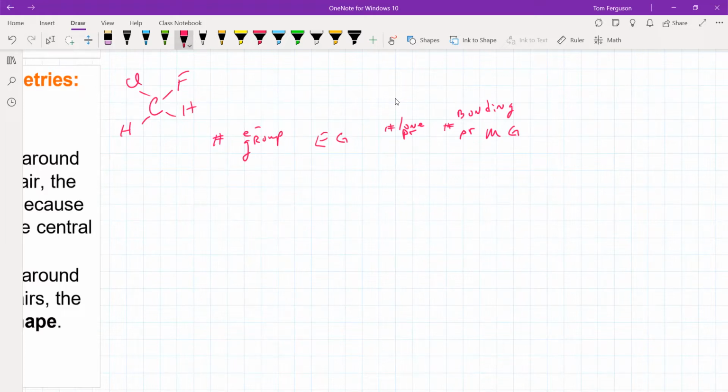All right, let's analyze this now. First of all, how many electron groups are there? First of all, carbon's the only central atom here. So we're doing the analysis per central atom. So the central atom is carbon. For the central atom carbon, how many electronic groups are there? 4. That automatically makes it a tetrahedral geometry.